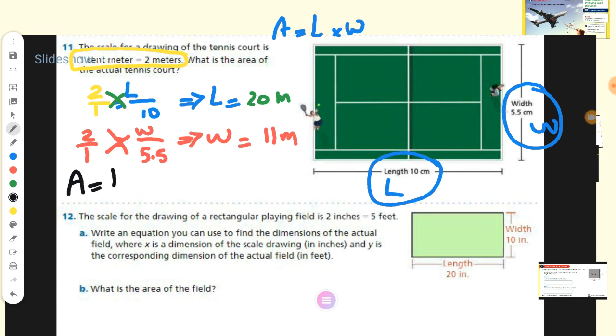Area equals the actual length multiplied by the width, 20 multiplied by 11, which equals 220 square meters. So first we change from the drawing scale to the actual scale, then we multiply them to get the area.